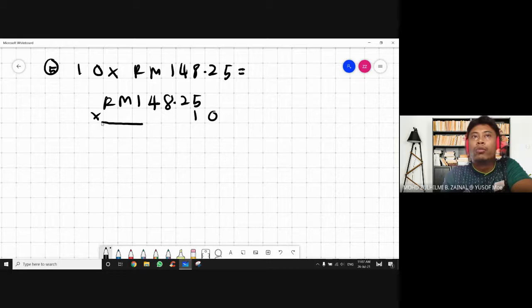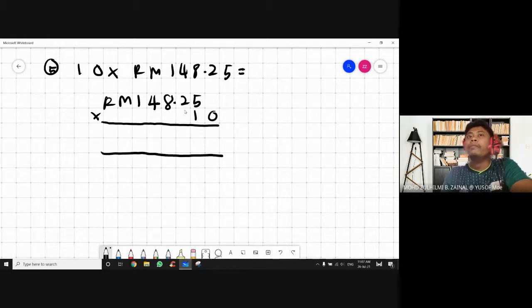If you want to do like this, remember this. You have to remember that in money, you can only have 2 decimal places. Ada 2 je yang dot tempat puluhan dia tu.